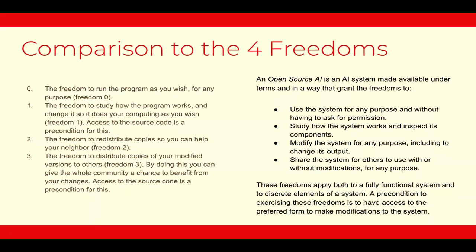Second one, freedom to study how the program works and change it so it does your computing as you wish, and you need to see the source code as a precondition. Well, study how the system works and inspect its components. That gets the first part, doesn't really get the freedom to modify, but that's taken care of in our third bullet point under AI, where it says modify the system for any purpose, including to change its output.